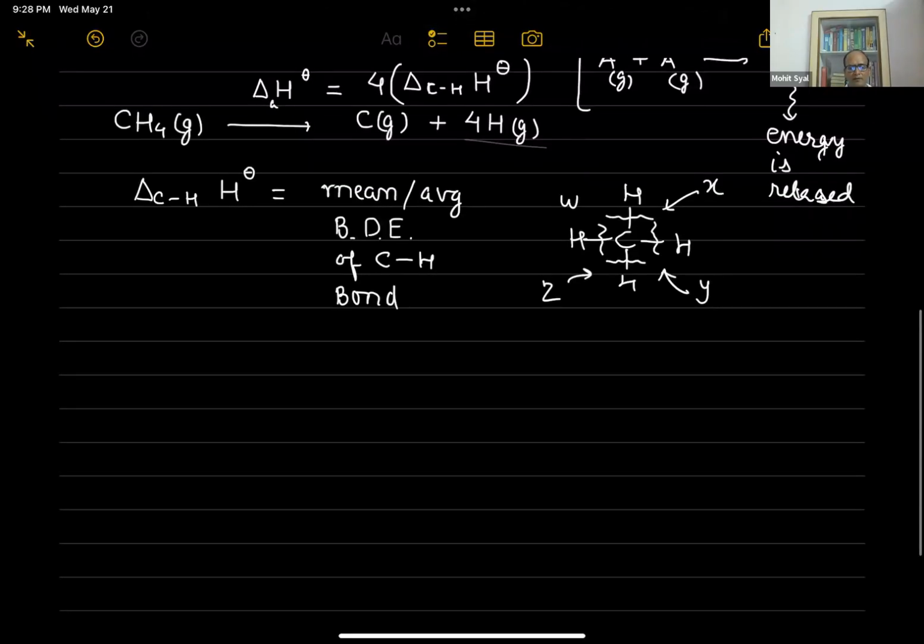What will be the relationship between the enthalpy of atomization and the bond dissociation enthalpy for H2O gas? Would it be like 2H plus O?